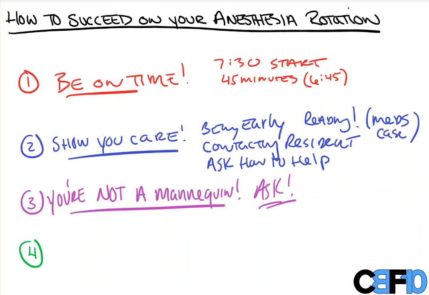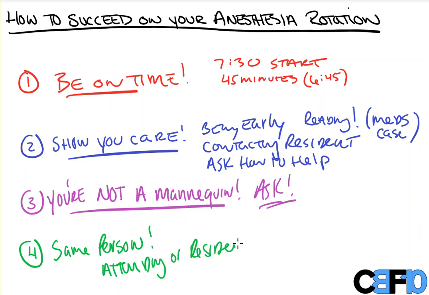And my last point is that if you're looking to get a letter of recommendation, I personally think that you should ask the board runner or whoever makes the schedule to get the same person, either attending or resident, whoever it is.